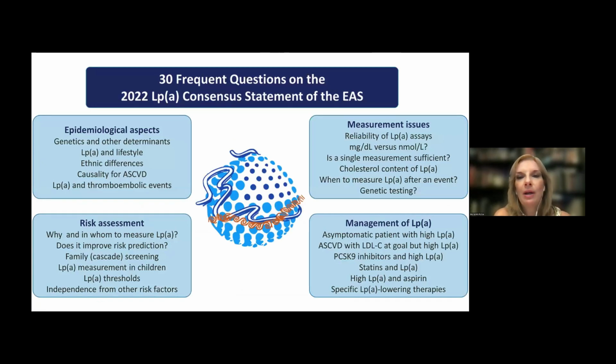So there are many questions raised by the European Atherosclerosis Society regarding the epidemiological aspect and risk assessment. Also, there are many measurement issues, mass or molecule. And of course, absolutely, there are many questions regarding the management of LPA.